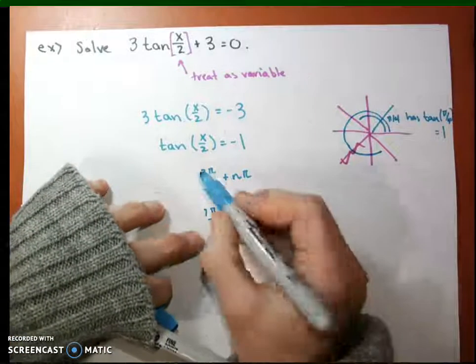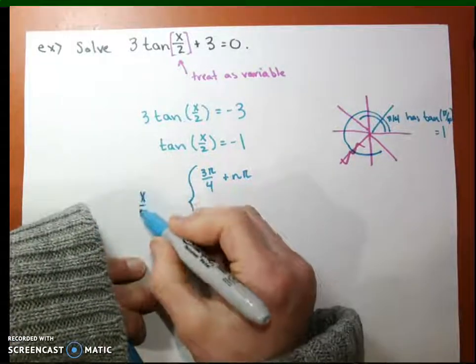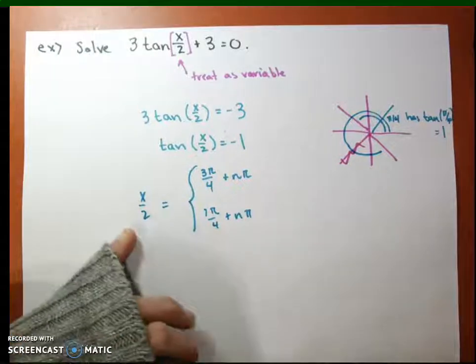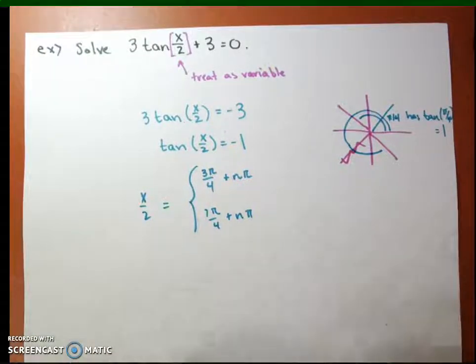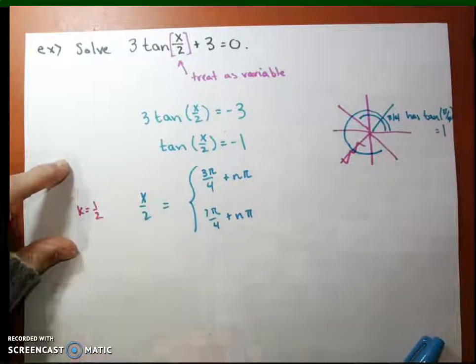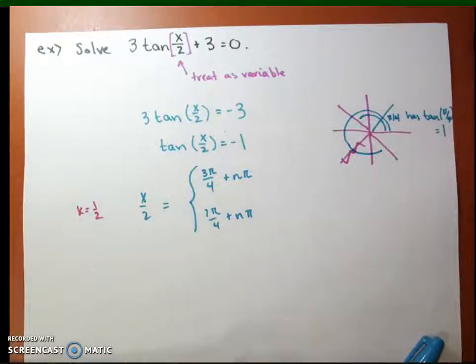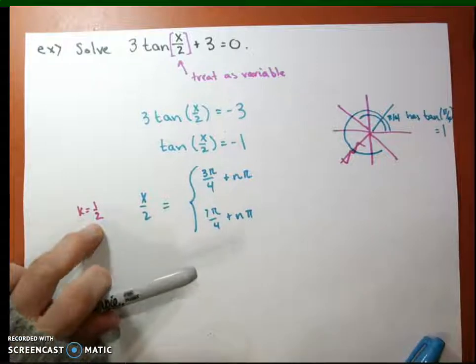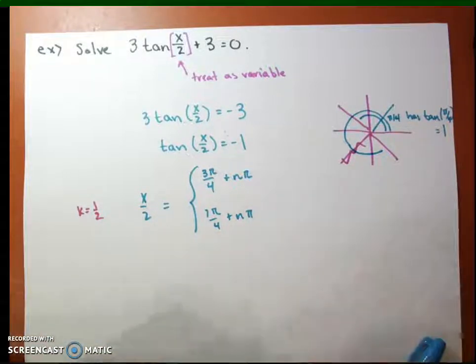But this isn't our answer, this is what x over 2 equals. So now to get x, my k here equals 1/2. So if I divide everything through by 1/2, that's the same as multiplying everything through by 2. If that's confusing, pause it and think about it.